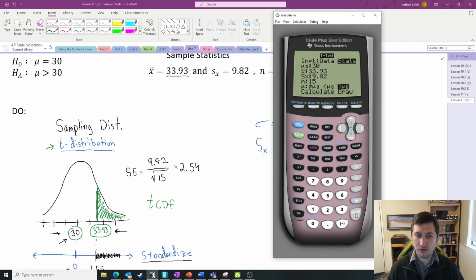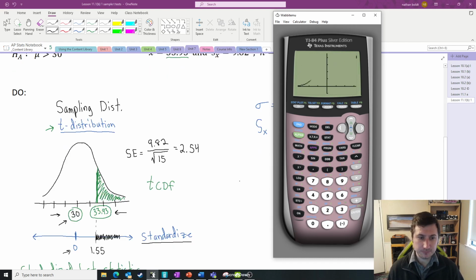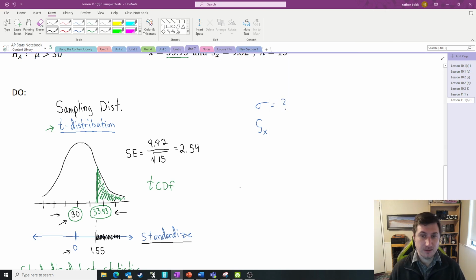So I'm going to draw this. And as you can see, we have the exact same picture that we have drawn. Our t-value is 1.55, so this is 1.55 standard errors away, and the area, the p-value, is 0.0717.